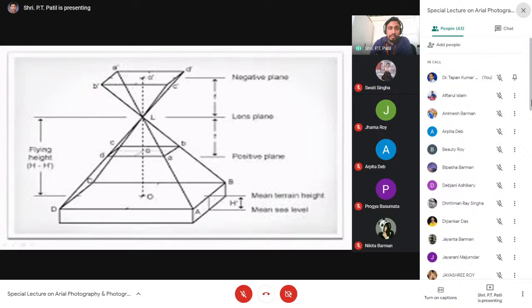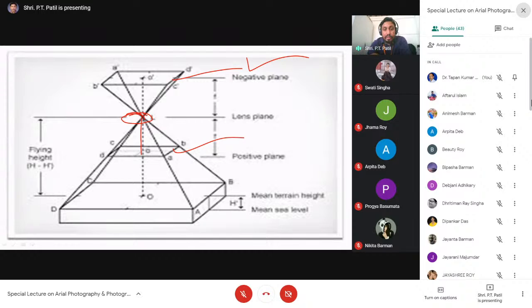That image describes the lens of the camera, the distance between the lens and the negative plane, and the distance between the lens and the positive plane. So there are two planes, negative plane and positive plane. The negative plane captures the image negatively, means images are captured in inverted proportion. That's why this area is known as the negative plane.